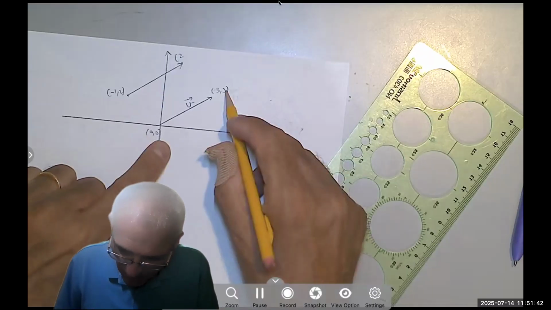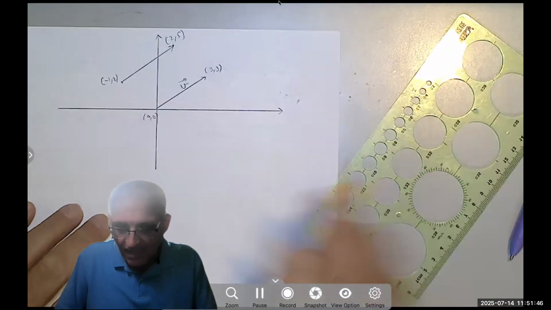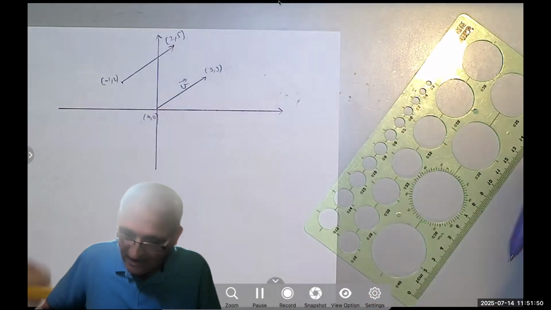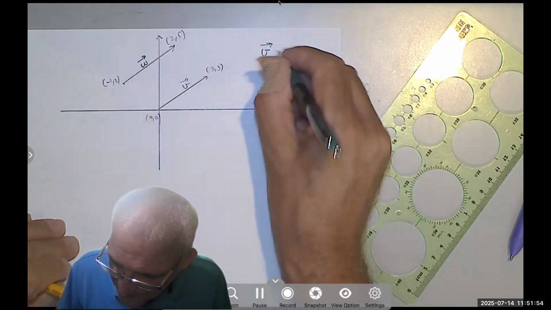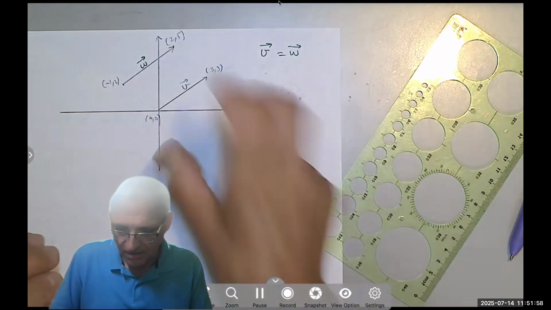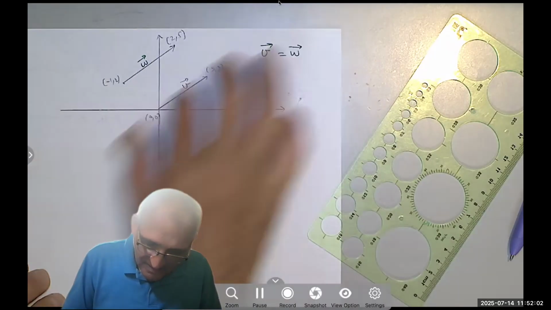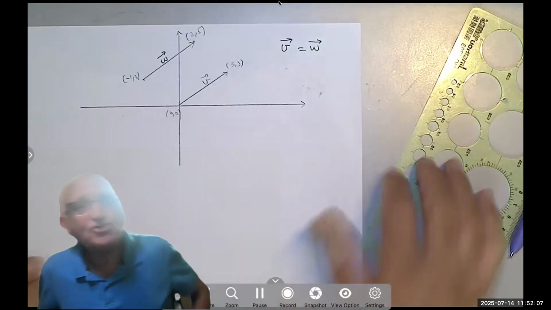The 3 is more than the 0, so the 5 is more than the 2. If these two are equal, and we call that W, then V equals W. They don't have to be in the same location. I can slide a vector and move it parallel to itself without changing it.